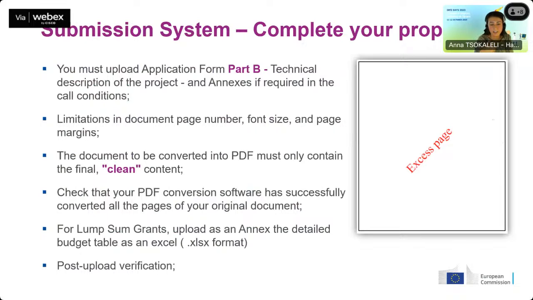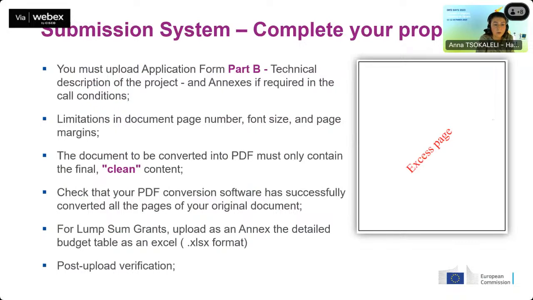So here we advise you when you work on your Part B Word document, then before you upload it in the system, you need to convert it into a PDF. So clean your document before you convert it into a PDF, accept all track changes, delete any internal review notes or any comments, or check for any formatting issue you may have.